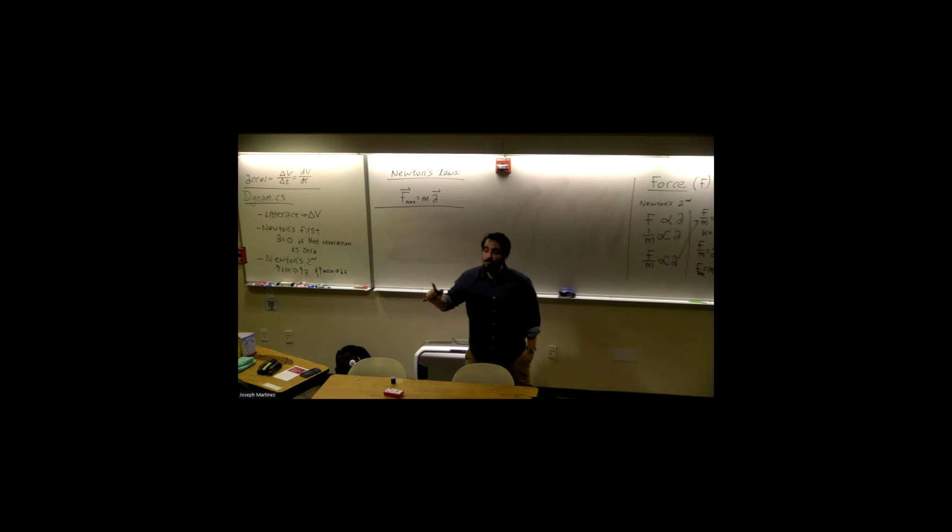Free fall motion, caused by gravity. We have free fall motion, which is caused exclusively by gravity. Remember, we defined free fall motion as being the type of motion that occurs when it's only under the influence of a gravitational interaction. So we have a free-falling object.